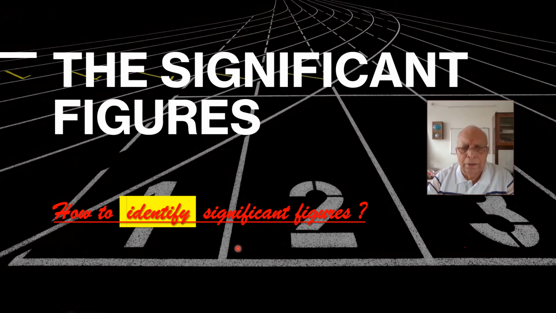So that is possible by the use of significant figures. Now I'll just give you a few examples. These significant figures are determined by following certain rules. I'll simply give a few examples here, which will be reproduced in the notes I provide later on.